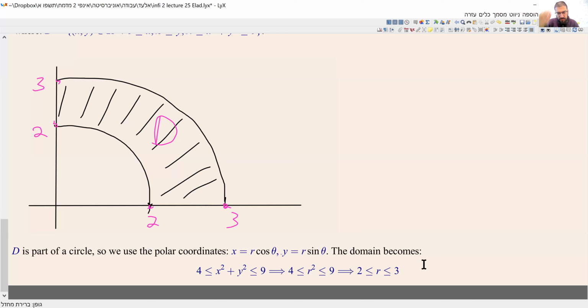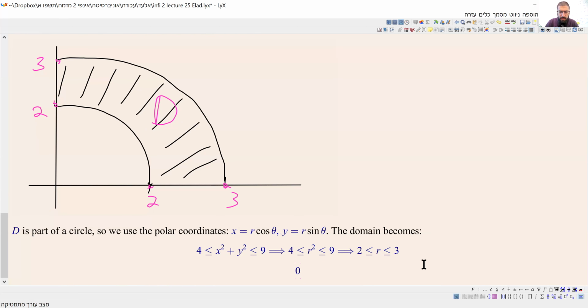And what about x and y being non-negative? It means that r cosine and r sine are greater than 0.